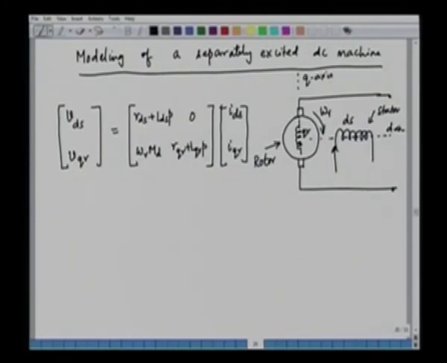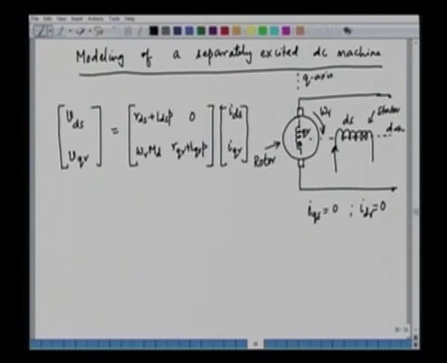So this is the resistive drop, the statically induced EMF and the rotationally induced EMF in the q axis rotor. Now, of course, we have already said that we do not have any q axis stator current and we do not have any d axis rotor current. So these two variables are 0.